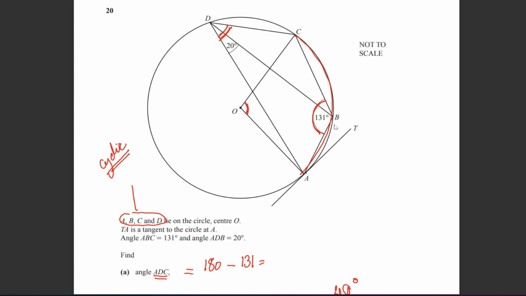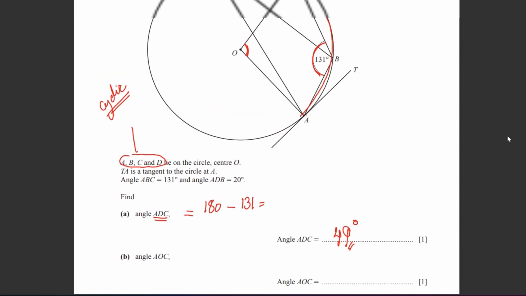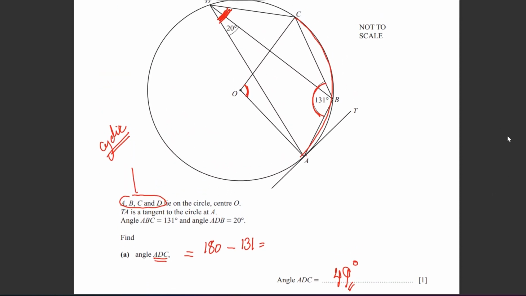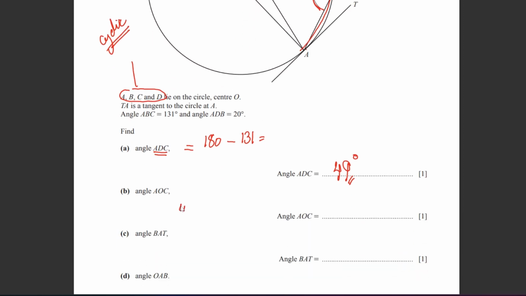What is the relation between the central angle and the circumference angle? The central angle is double the circumference angle. So if I have the circumference angle, I will multiply it by 2 to find the central angle. Then angle OAB.